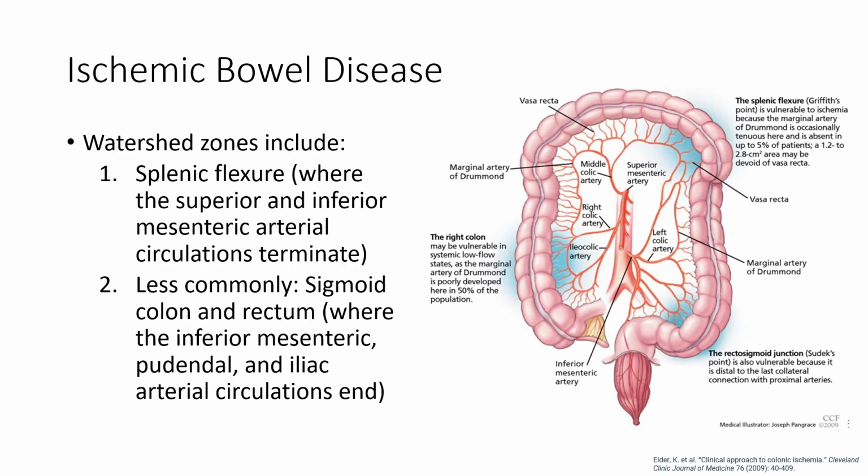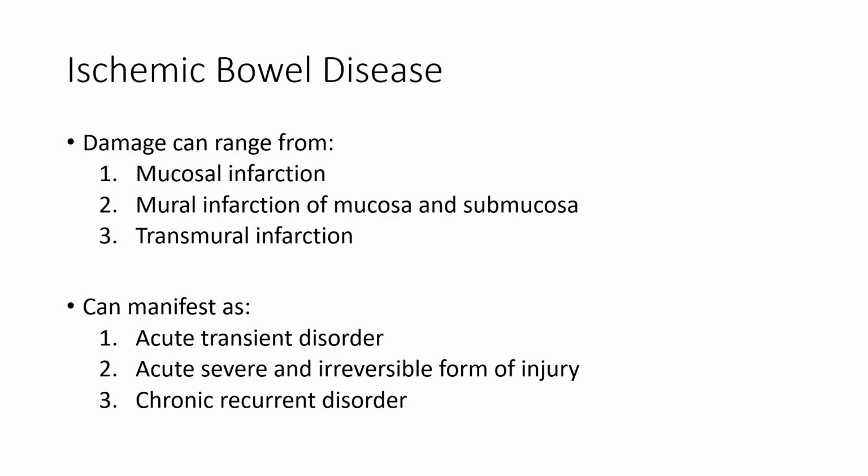susceptible to ischemia. And these include the splenic flexure, where the superior and inferior mesenteric arterial circulations terminate, and to a lesser extent, the sigmoid colon and rectum, where the inferior mesenteric, pudendal, and iliac arterial circulations end. The damage resulting from ischemic injury can vary.